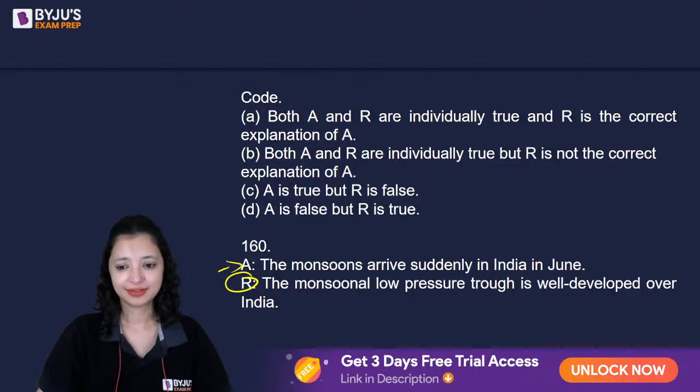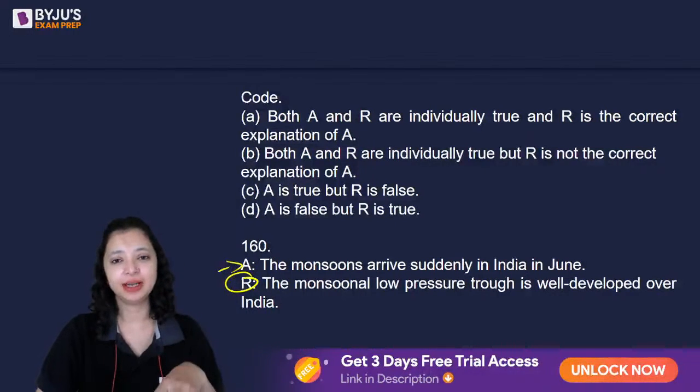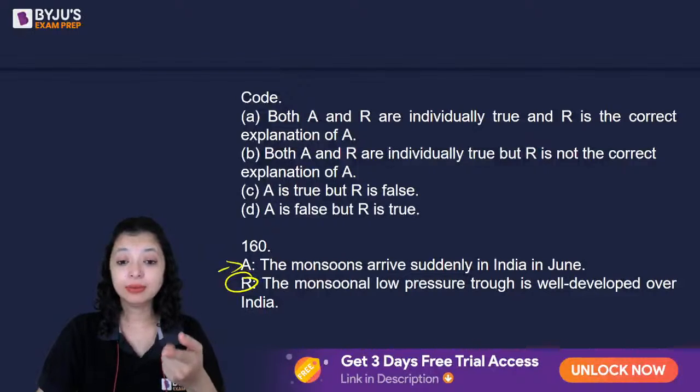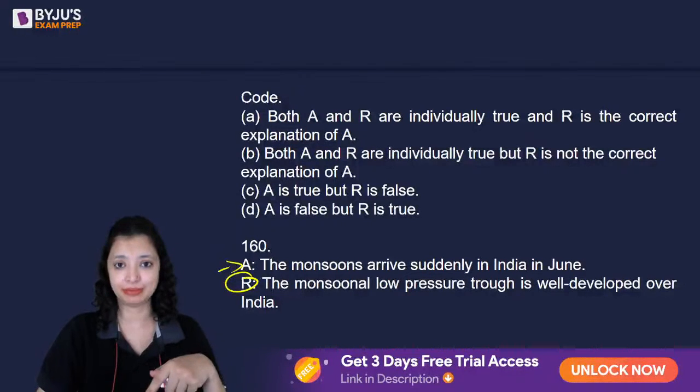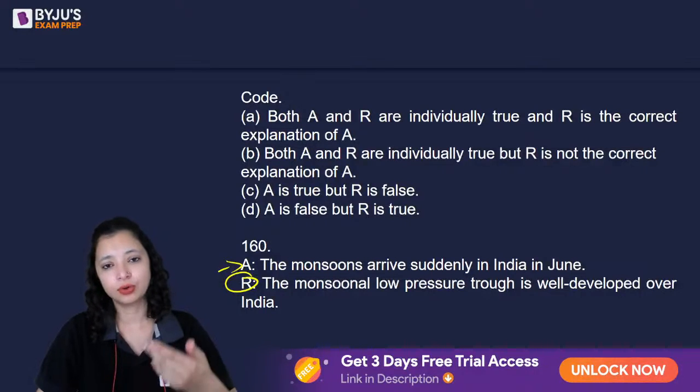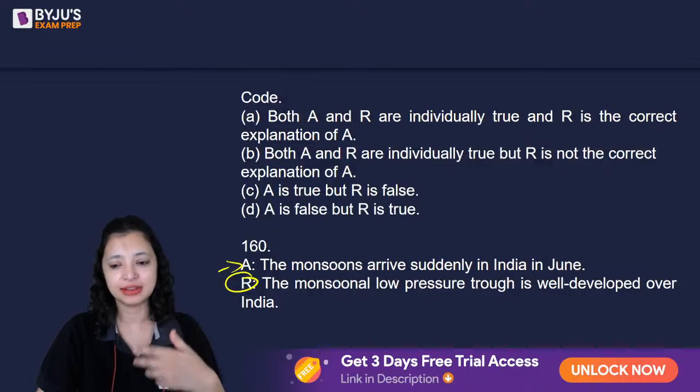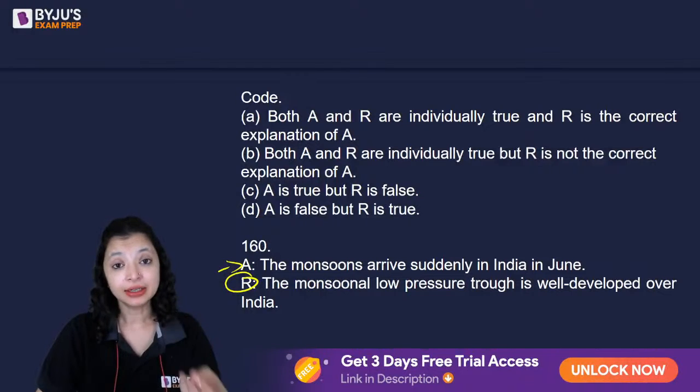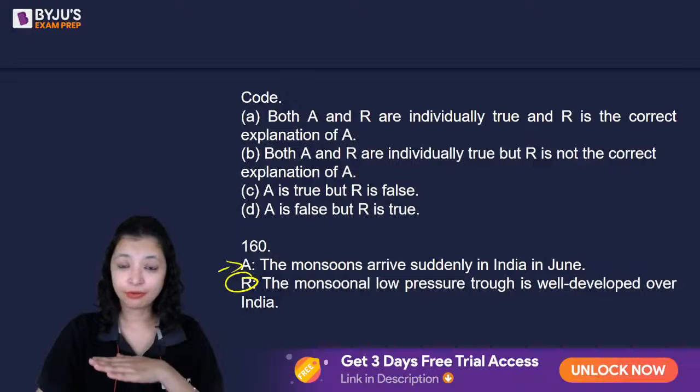B. Saman, Nikhil, B. No, the correct answer is A. Because the monsoon low pressure trough is well developed over India, that's why the monsoon suddenly comes up. Instead of starting with slow rainfall and then aggressive ones and then thunder and lightning, it suddenly appears because the low pressure trough is well developed.